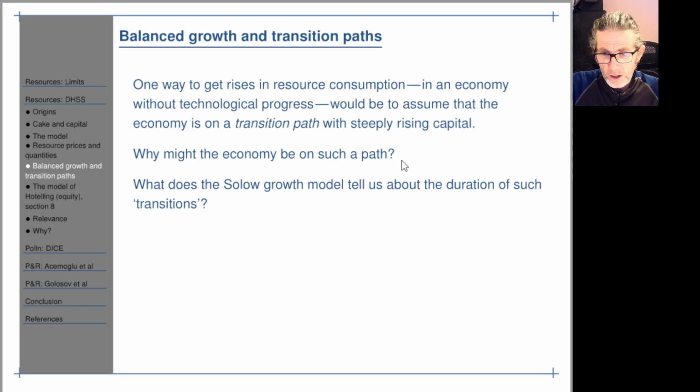Maybe there was a huge earthquake or something which destroyed all the capital. But otherwise you expect capital to keep pace with technology, capital growth. And part of the reason for that is that we know from the Solow model, when we put parameters in and choose reasonable functions, that these transitions are very quick. And we also see that from historical data.